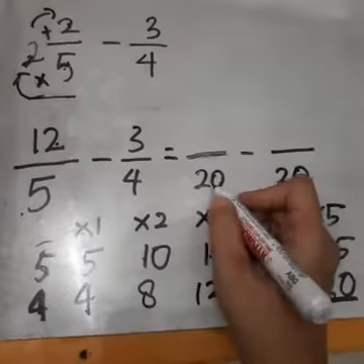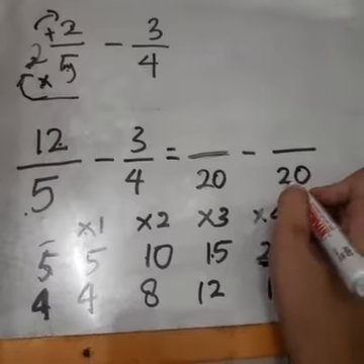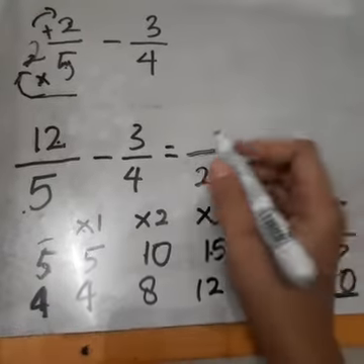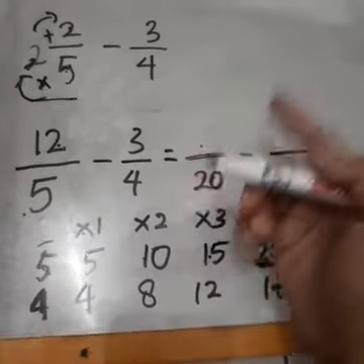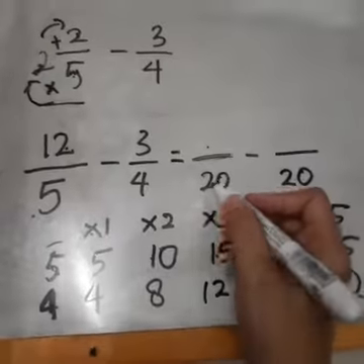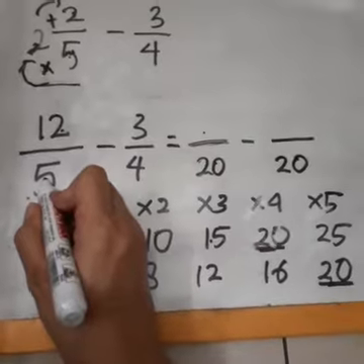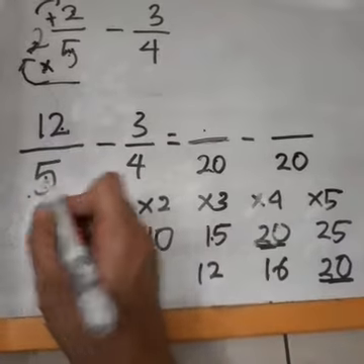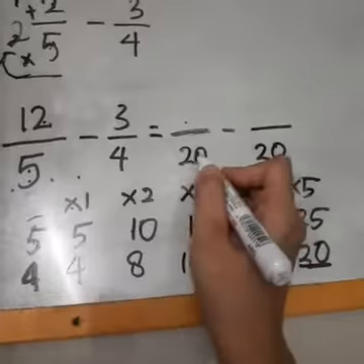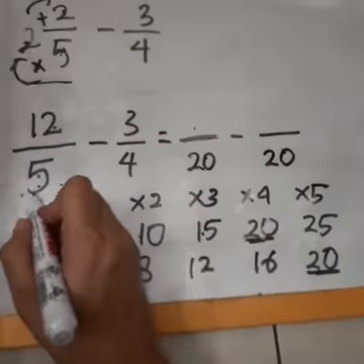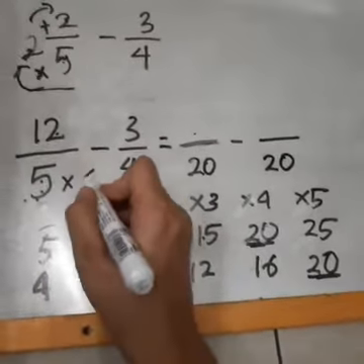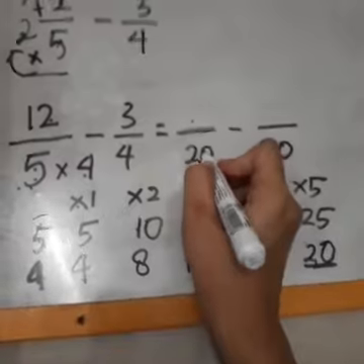So they have a common denominator, and we have to find the new numerator. The denominator is 20, and this is 5. 5 times what is 20? 5 times 4 is 20.